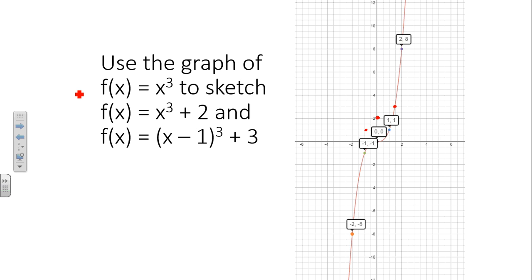Okay? So that little jog there, and then negative 2, negative 8 will be negative 2, negative 6, right? Did not draw that well. And 2, 8 will be 2, 10.